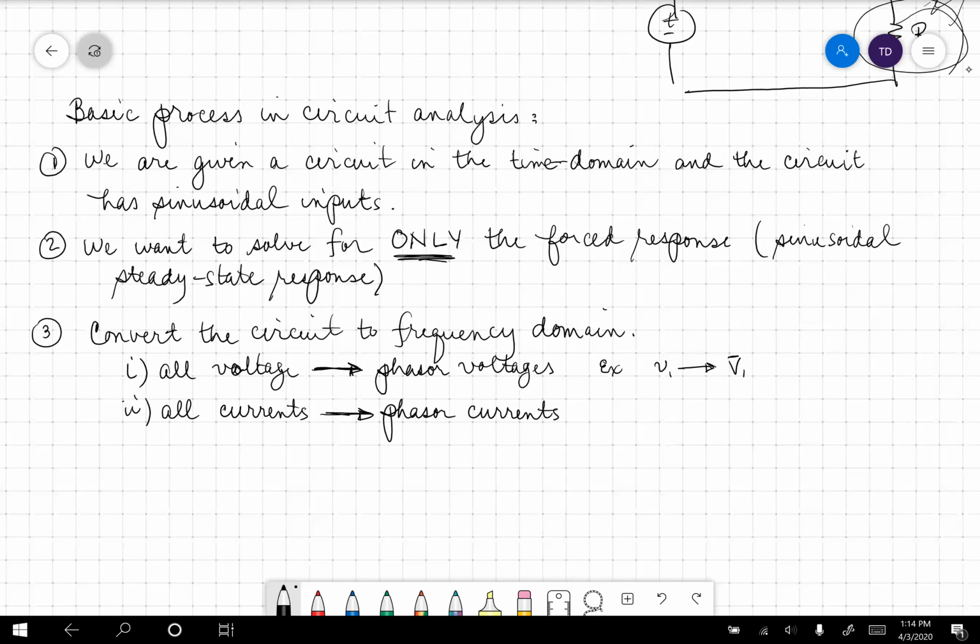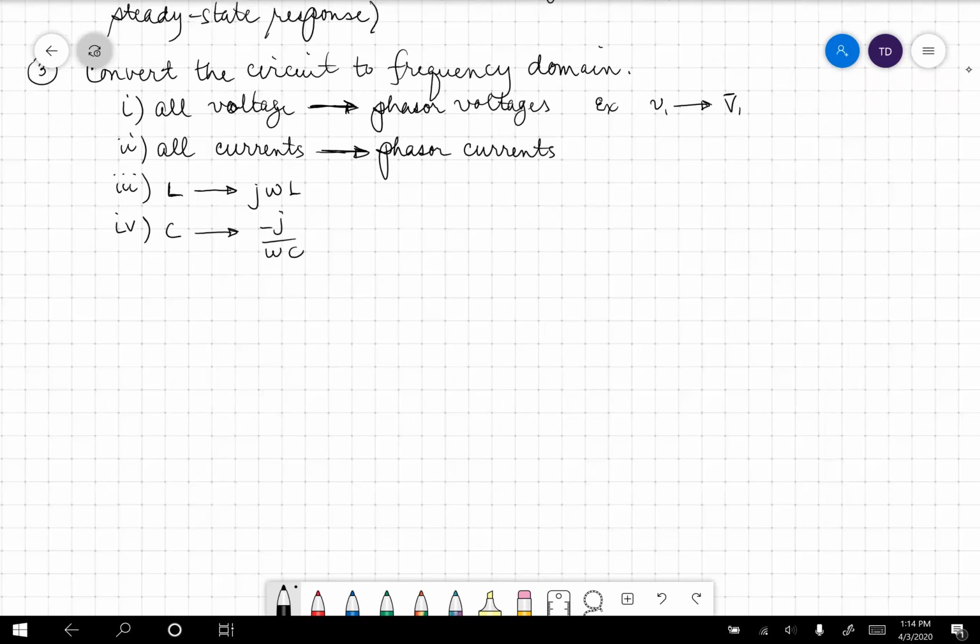Inductors. Capacitors. So when we convert the circuit to the frequency domain, we're changing currents and voltages, and then we're changing our capacitors and our inductors. Obviously, resistors are staying the same. So we're converting our circuit.